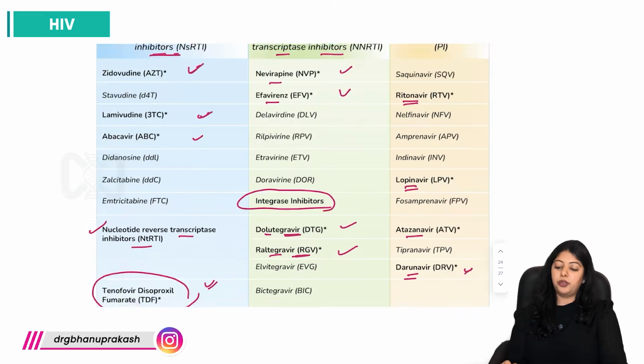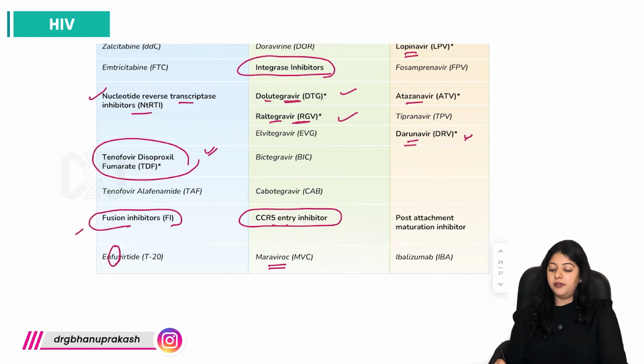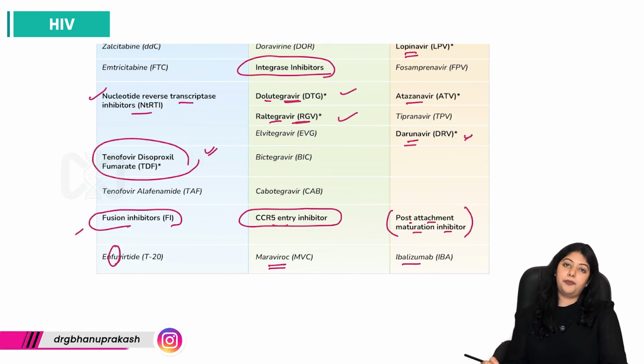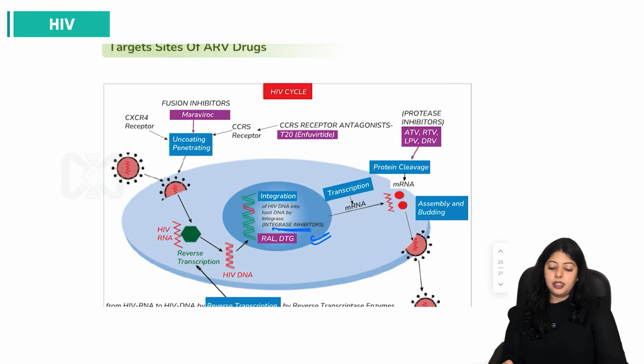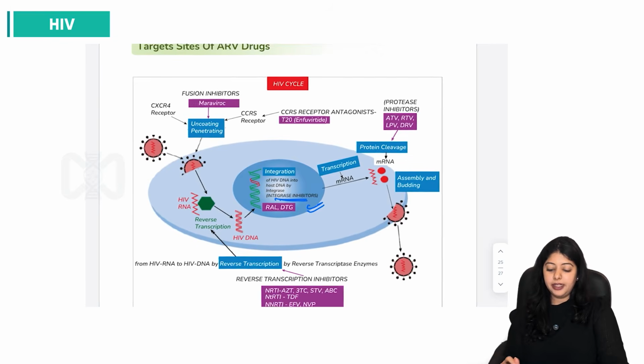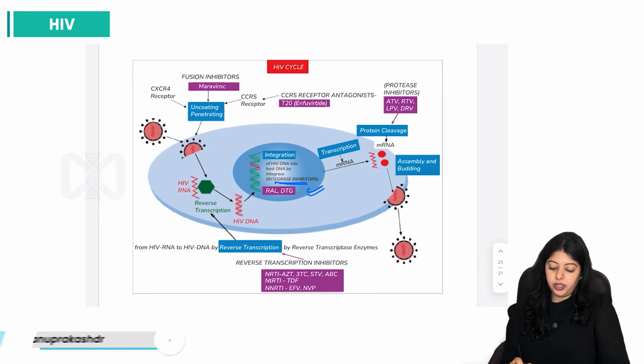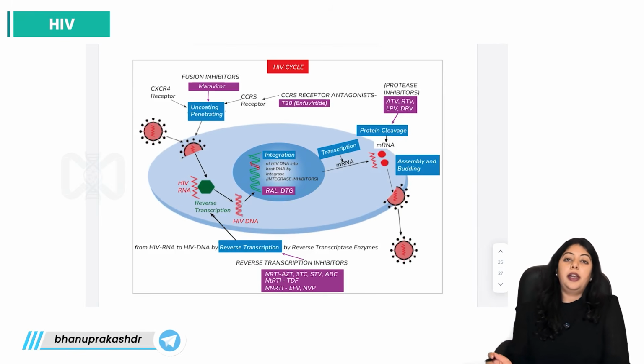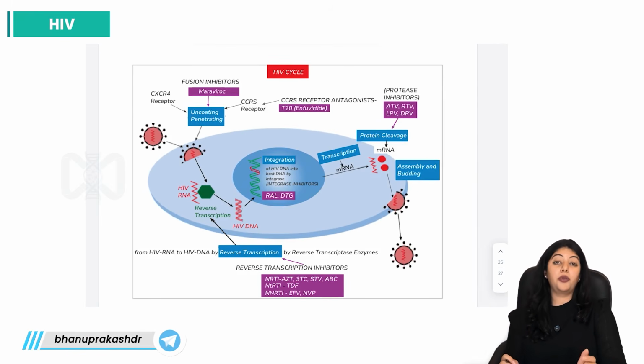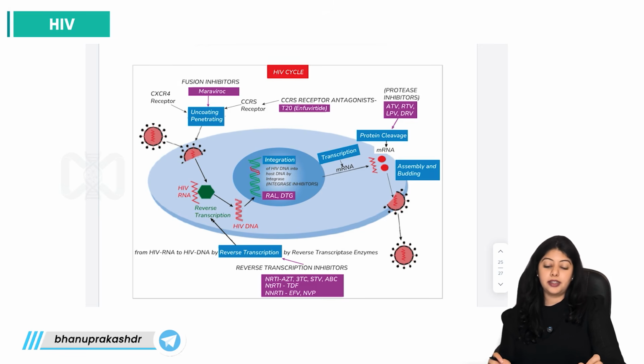So these are the important categories. And then we have the last category, that is post-attachment maturation inhibitor, which is ibalizumab. Since this is a busy slide, we'll only read about the important ones and the important target sites for the activity of these particular drug categories.